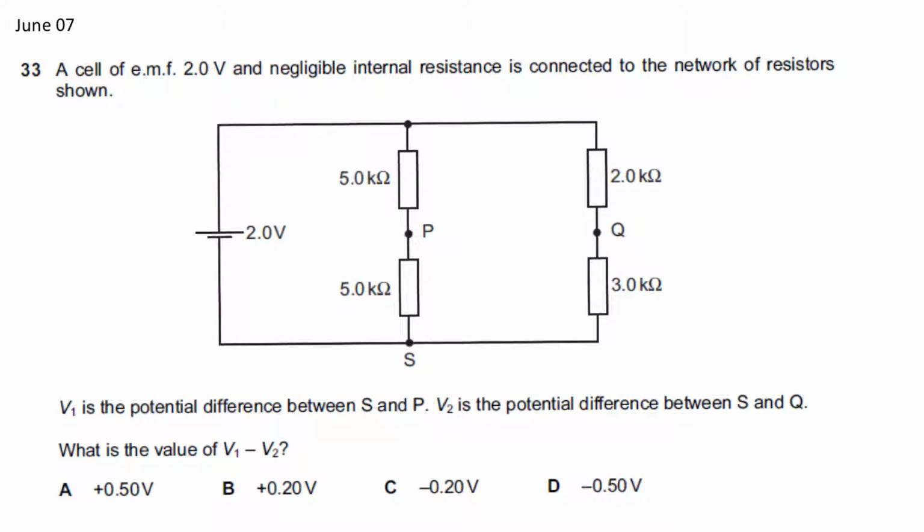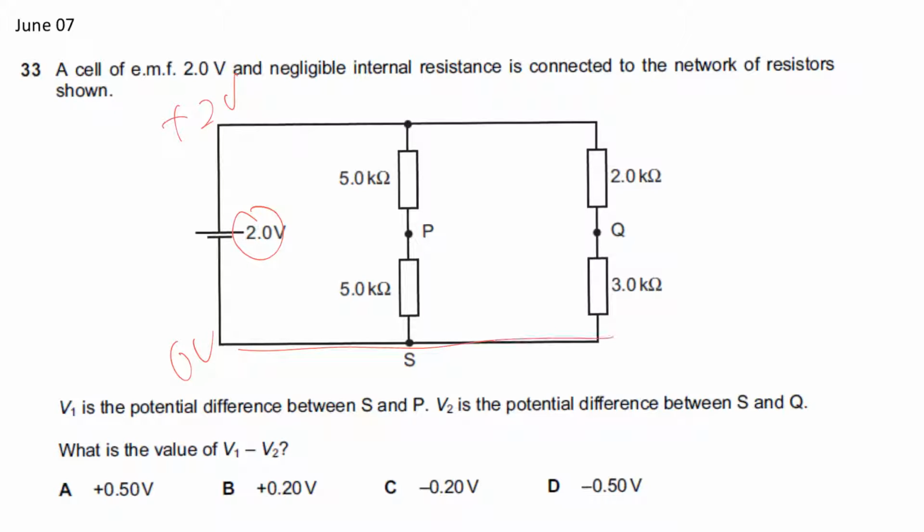So to find the potential difference between S and P, because you want to find the V1 minus V2. So V1, find the PD here, and V2, which is PD between S and Q. Now you notice, so weird, the S and P okay, but why S and Q? But doesn't matter, because I was telling you that if it is 2 volts, you can take this to be 2 volts and this will be 0 volts, right now?